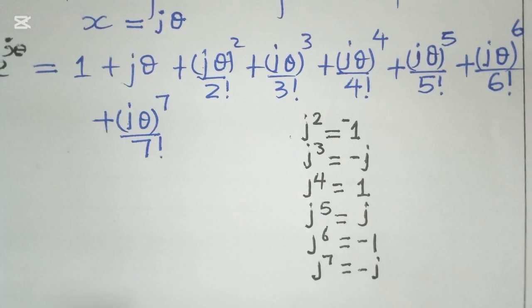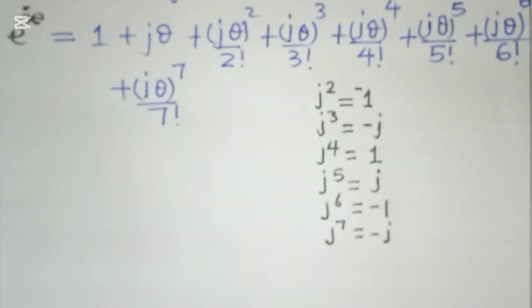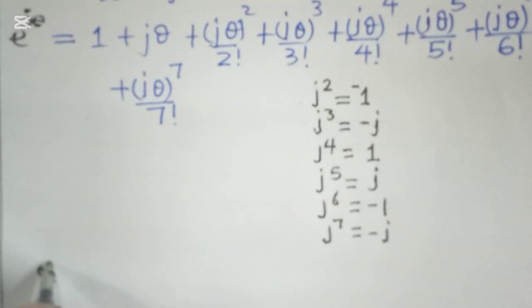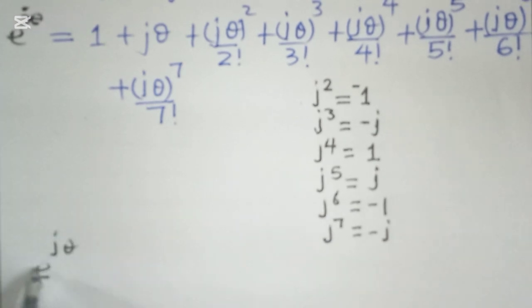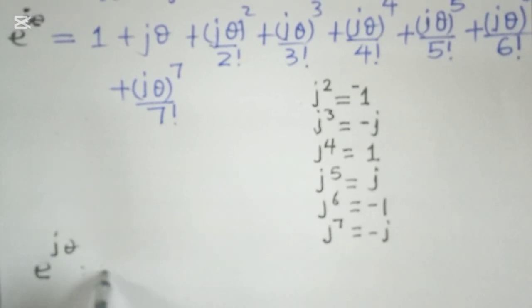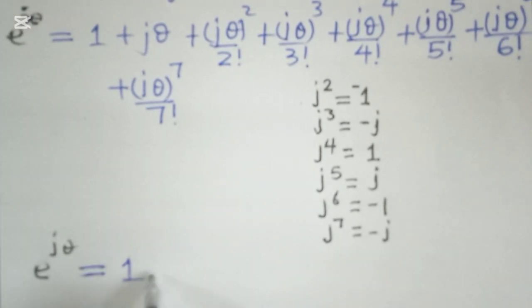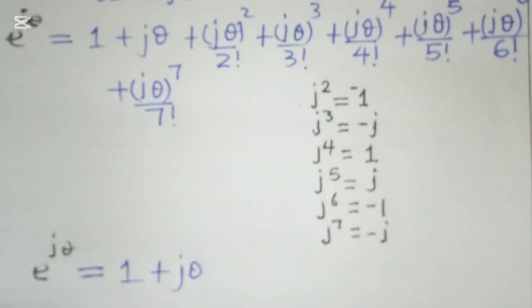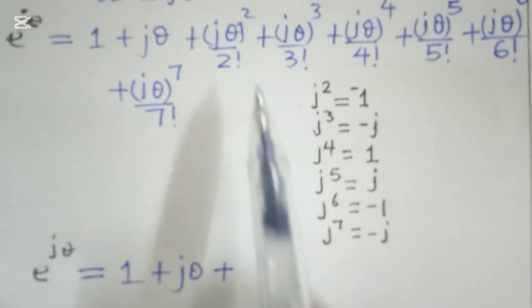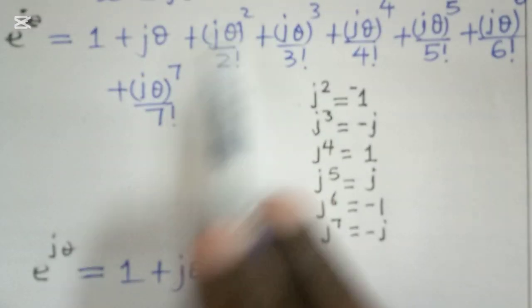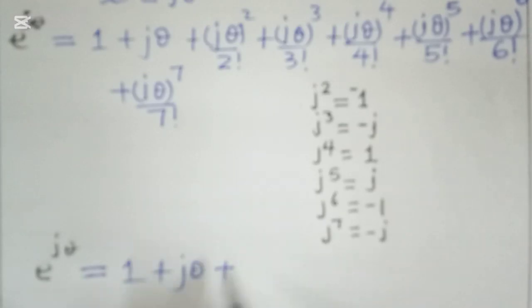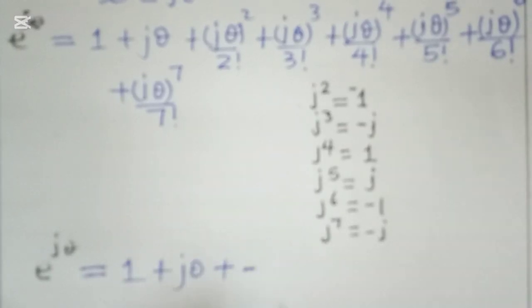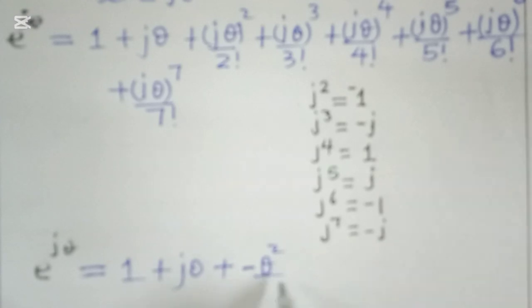And so, guys, we now come and write e raised to j theta, which will be equal to 1 plus j theta plus, with j squared, a negative theta squared all over 2 factorial.